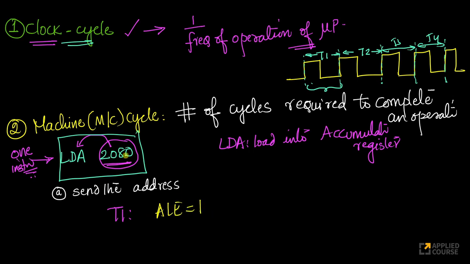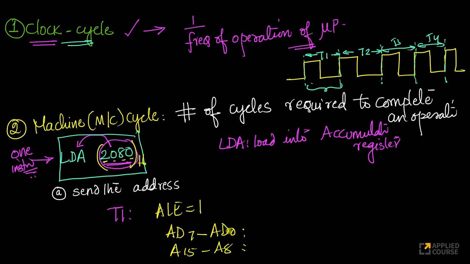Again, this address is 2080, and let's assume it is in hexadecimal, so that I can read it as 4 nibbles, because one nibble is 4 bits. Then my pins are AD7 to AD0, and A15 to A8.